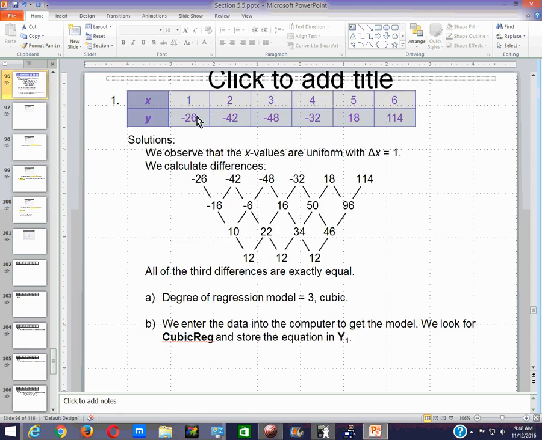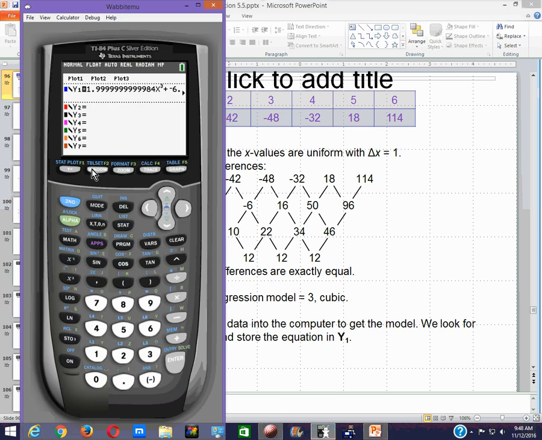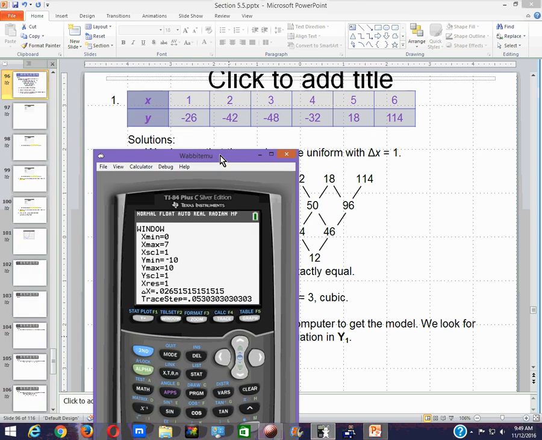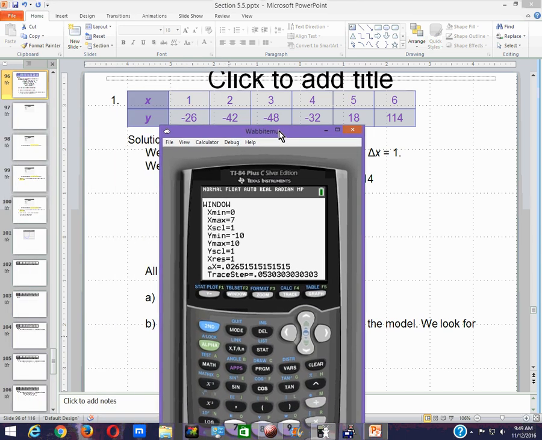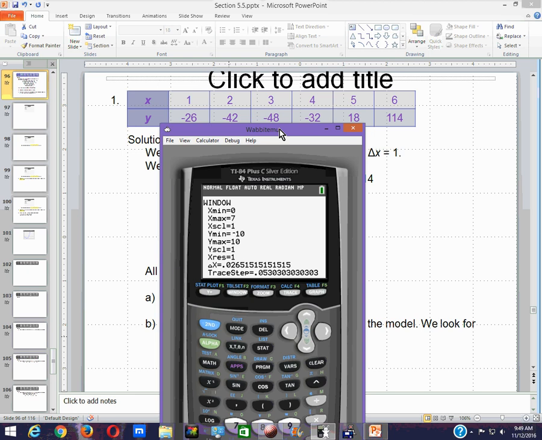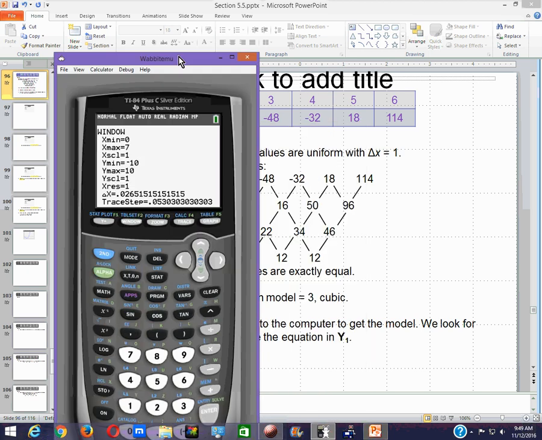The x's go from 1 to 6, so I believe window 0 for a minimum. Just a smidge further, let's go to 7. Scale of 1, sure, why not? Now notice our smallest y value is negative 48, so I'm going to go down to negative 50, and my biggest one is 114, so maybe 120.